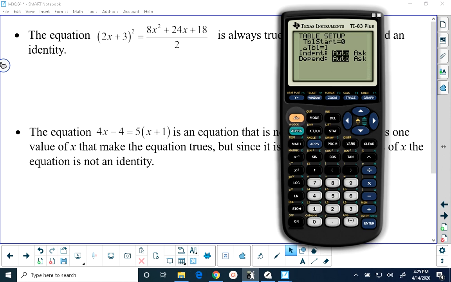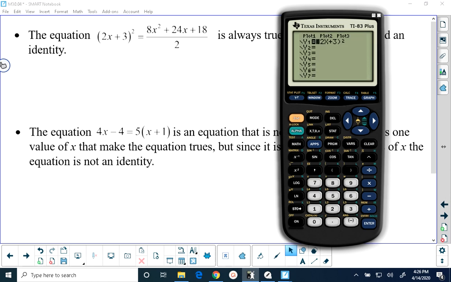And that means if I were to go to my table, the calculator automatically generates all of the values of that expression for different values of x. So when x is 0, the left-hand side is equal to 9. When x is -2, the left-hand side is equal to 1. When x is -4, the left-hand side is equal to 25.